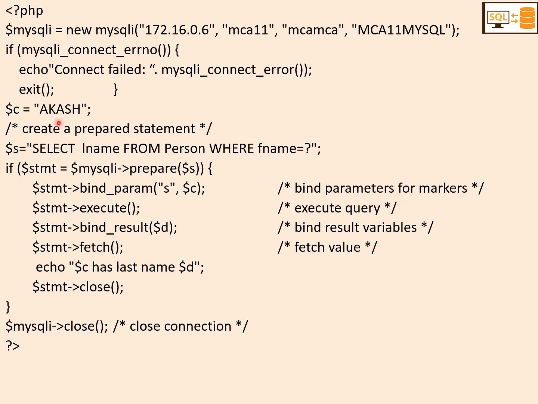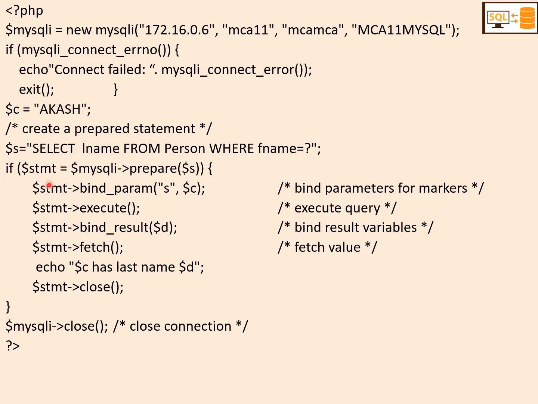Then $C is equal to Agash. We are creating a variable and assigning the value Agash to it. Then $S is equal to select L name from person where F name is equal to question mark. So we have to select L name from the person table where F name is passed as an argument to this particular query. This type of statement is termed a prepared statement, where the values of variables are passed as arguments to the SQL expression.